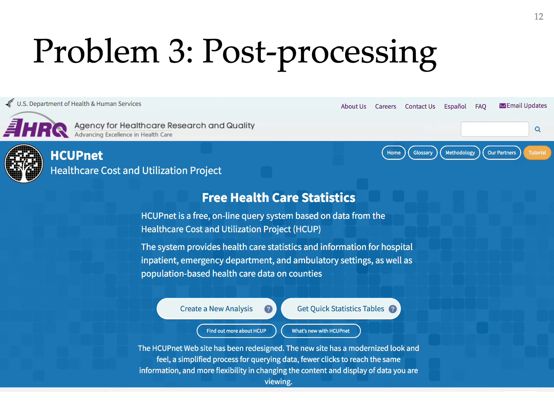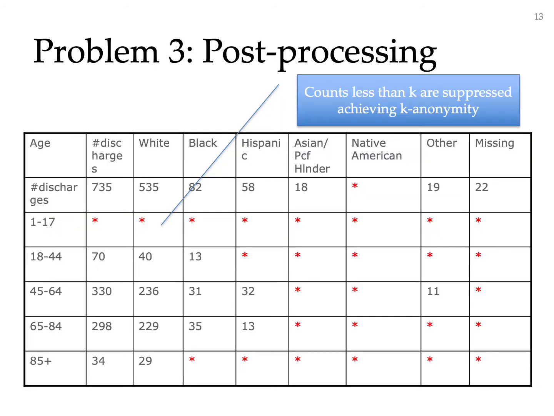The third major problem of privacy is post-processing. Let's take a look at this example, which releases an aggregated statistic for a group of people according to two attributes, the age range and the race. To achieve k-anonymity, any counts that are less than k are suppressed without revealing the exact number.